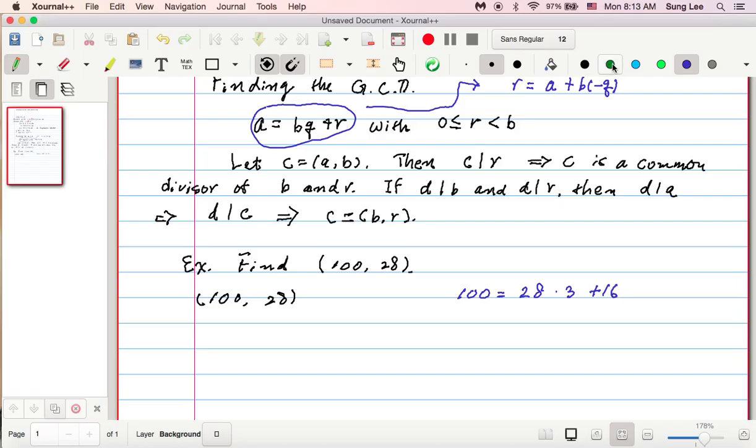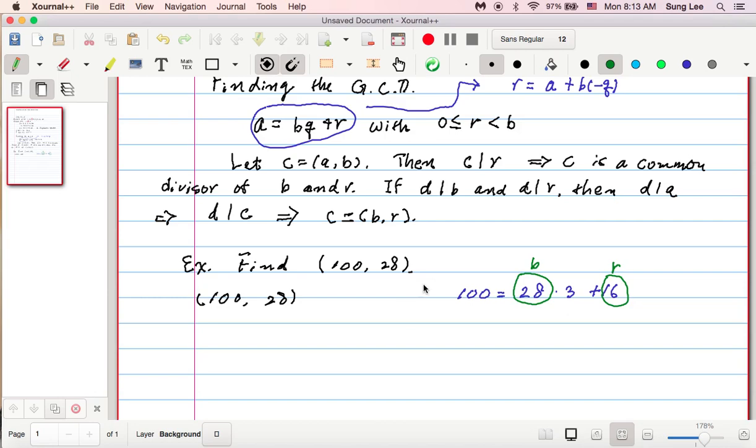Here, 28 is going to be my B, and 16 equals R.